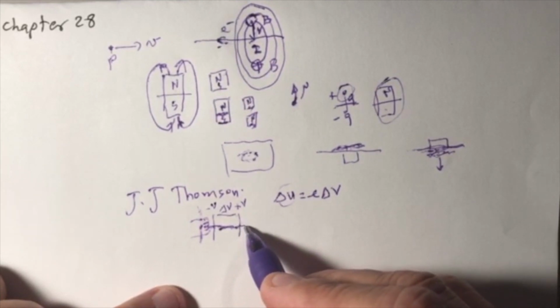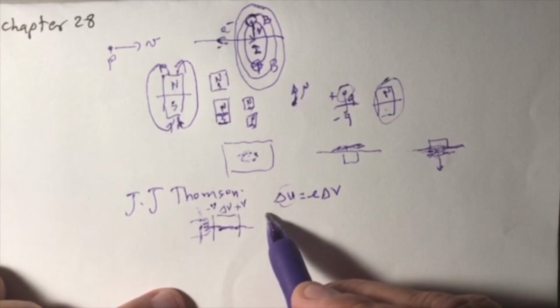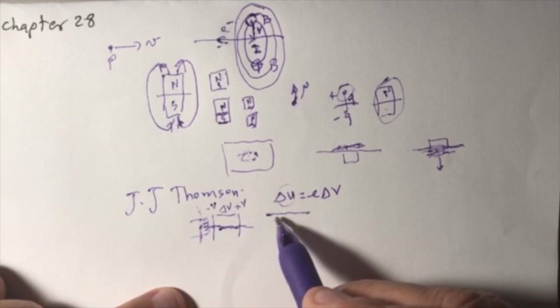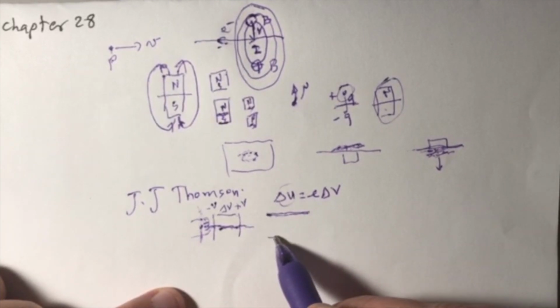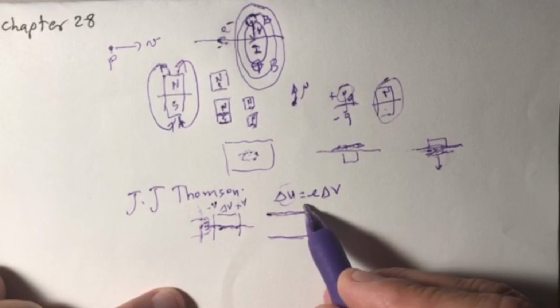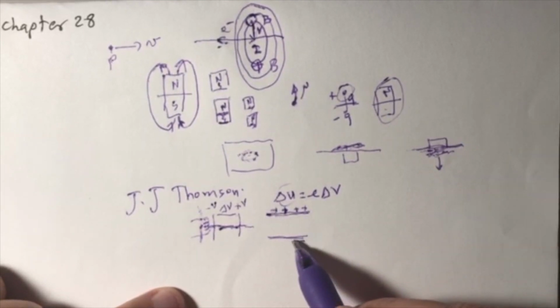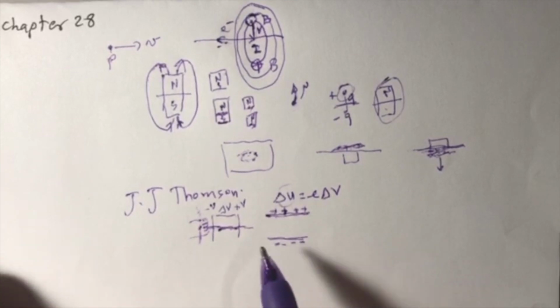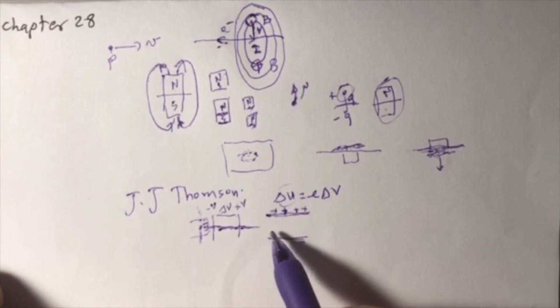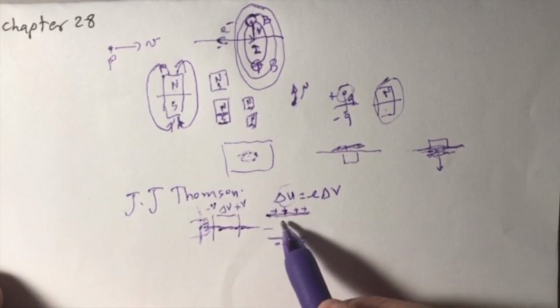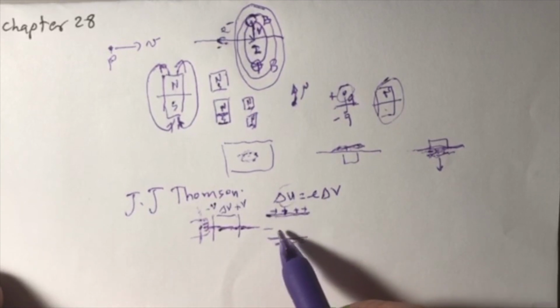So the electron will come out, and then J.J. Thomson put two plates like that. One plate is positive, and one plate is negative. And this electron will come out like that, and then it will enter this region between the two plates.